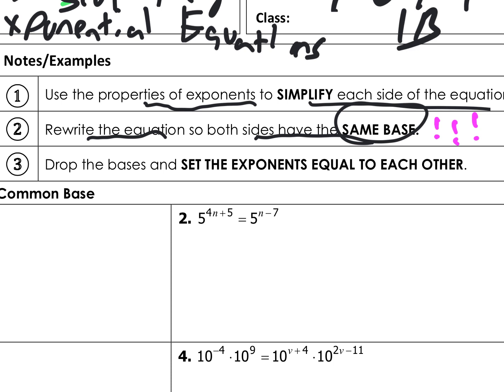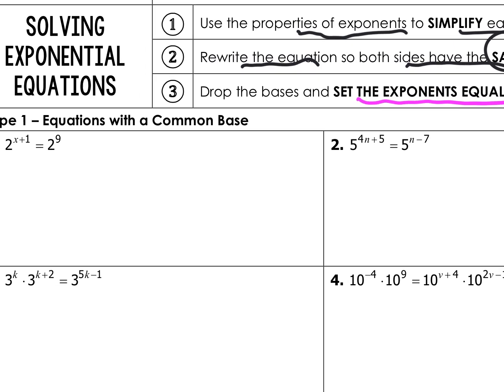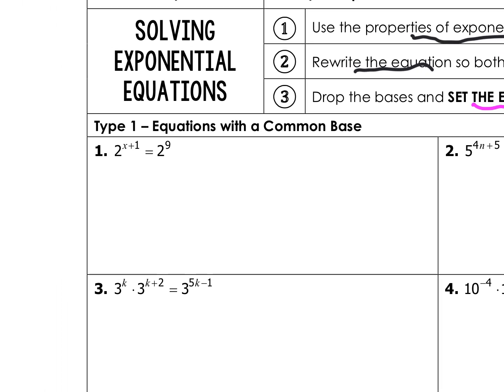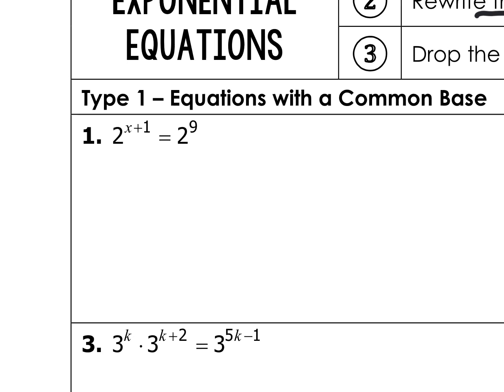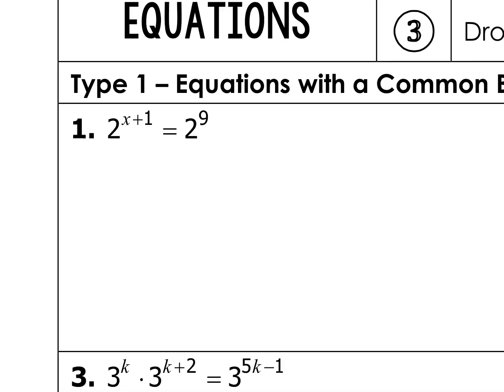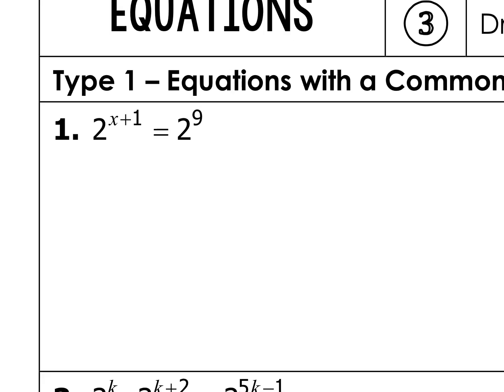Once you've done that, then you are able to just set the exponents equal to each other and solve it. So let's do a couple of very simple ones. Now, notice number 1. There's already the same base on each side. Do you see the 2 and the 2?